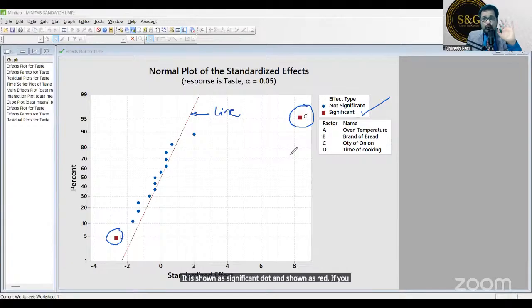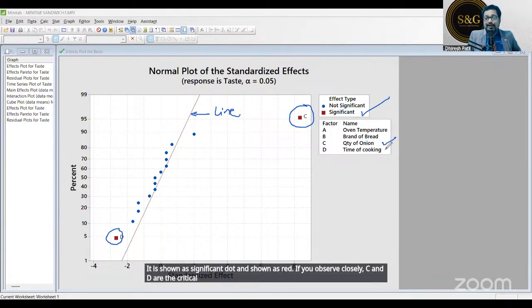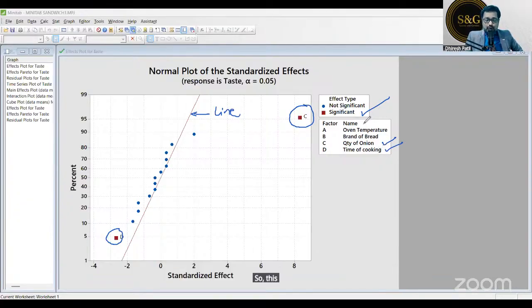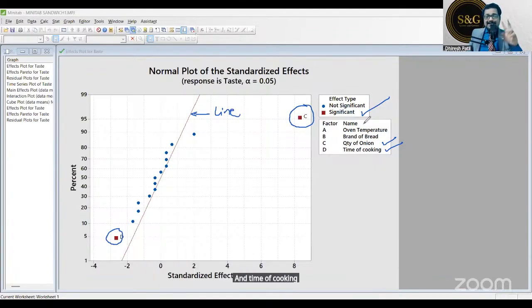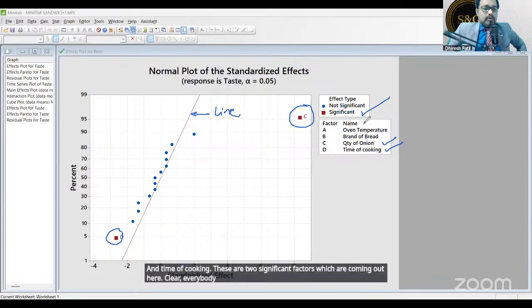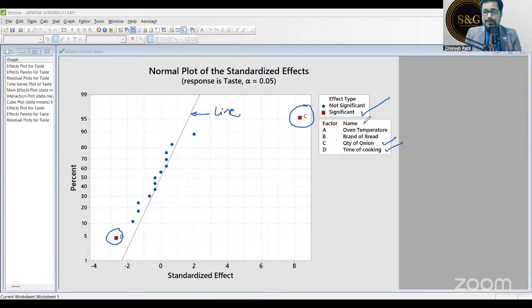If you observe closely, C and D are the critical dots or critical factors which are shown in red. So this also is confirming the critical factors which are C and D, which is quantity of onion and time of cooking. These are two significant factors which are coming out here. Clear, everybody? Just give me yes in the chat box. Have you understood up to here? Just give me yes.